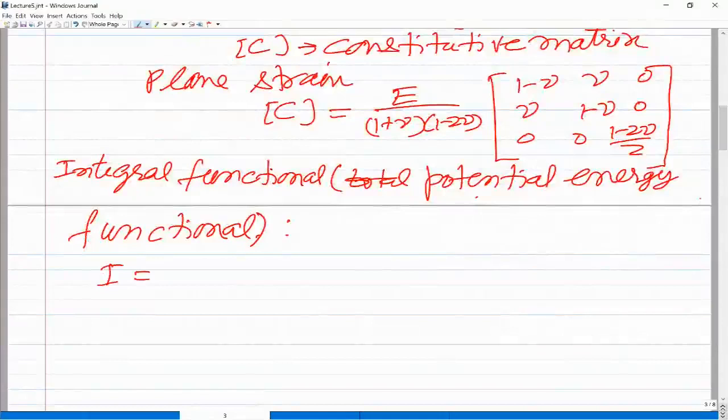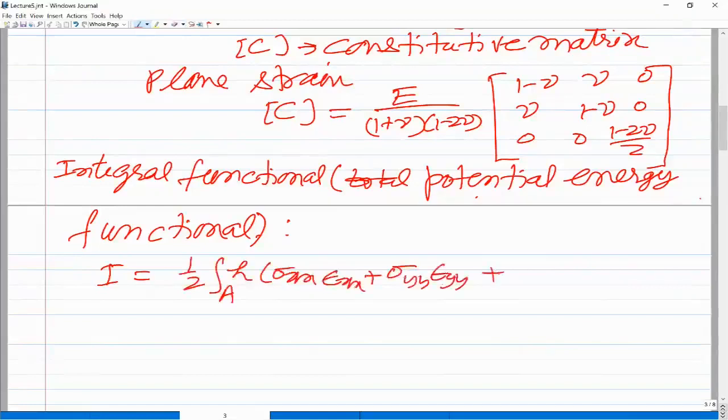Because u and v are constant, and so also epsilon xx, epsilon yy, and gamma xy, through the thickness, we express this integral as half integration over area and h into sigma xx epsilon xx plus sigma yy epsilon yy plus tau xy gamma xy dA, where h is the thickness.